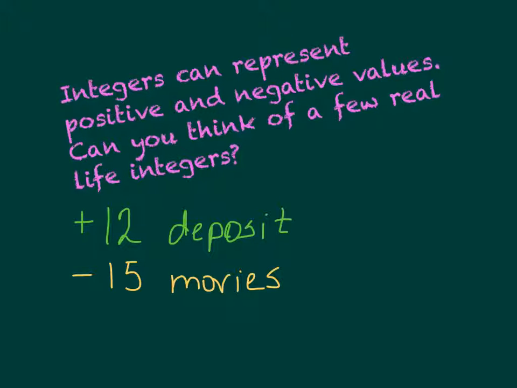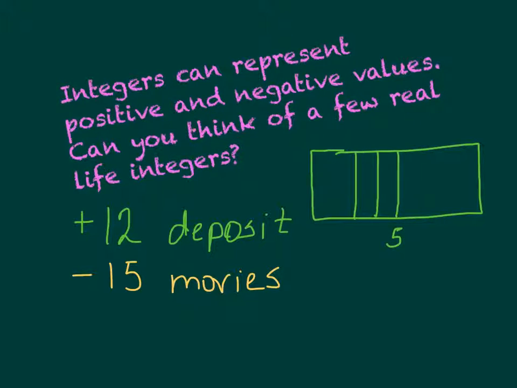What about yards on a football field? Well, we can see that if we start, let's say we start here and let's say we have the 40-yard line and the 30-yard line. Here's the 50, the 40, and the 30.